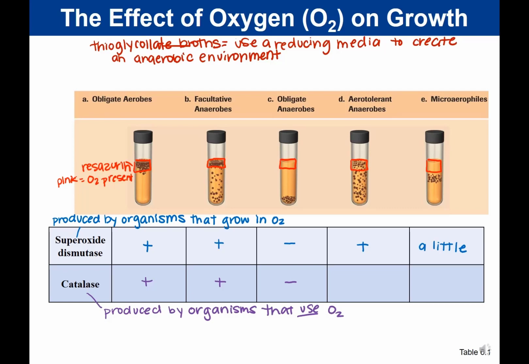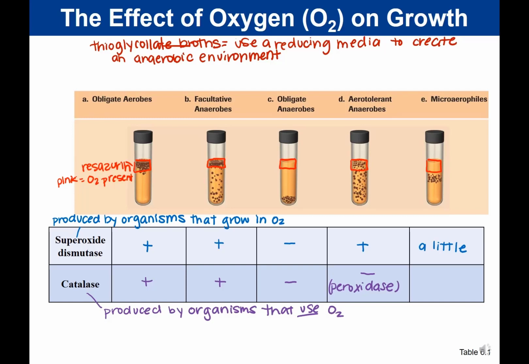Now, when we get to our aerotolerant anaerobes, remember that those grow where O2 is found, but they don't use it. So this organism is going to be negative for catalase, but remember it's going to have peroxidase instead. And you might recall that peroxidase is used to neutralize hydrogen peroxide, but it doesn't produce more O2 as a result.